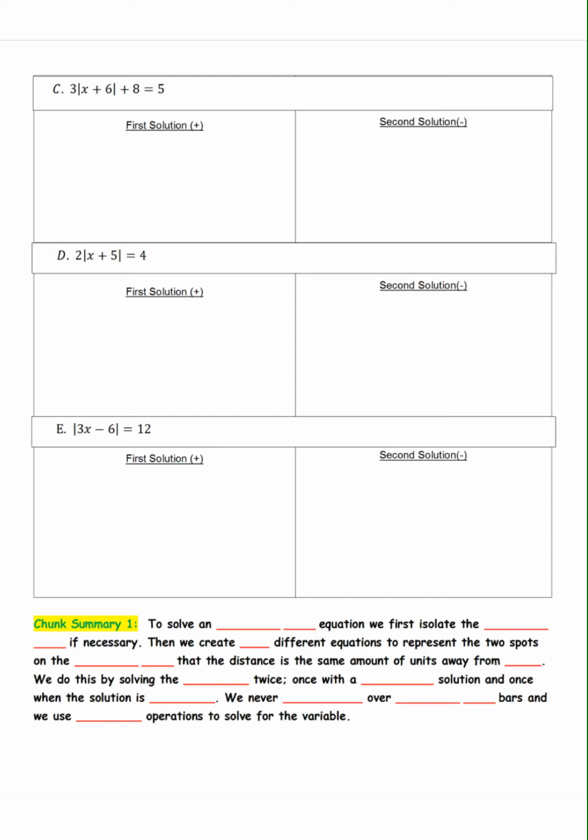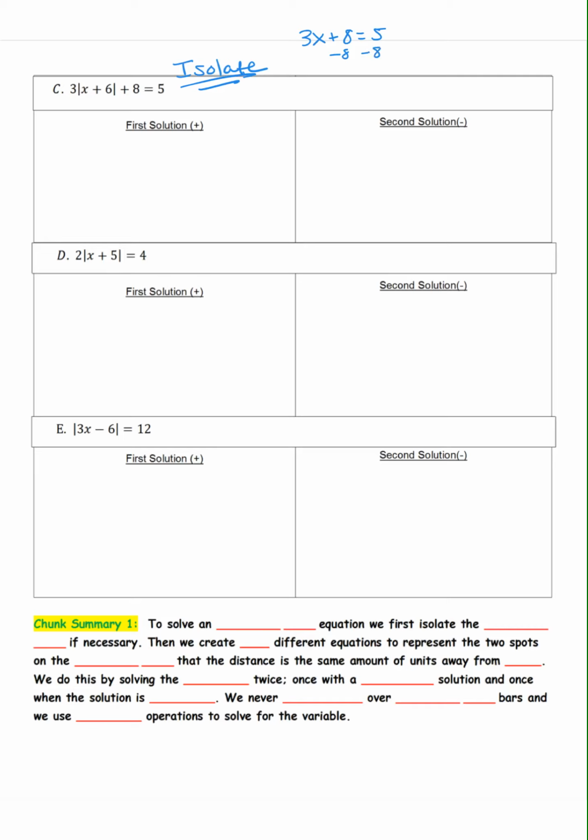All right, the last problem I'm going to do with you is C, letter C. And here's where we need to isolate. So we need to actually move things around, the same way that it would be if we saw 3x plus 8 equals 5. The first step would be to move the 8 by subtracting it.